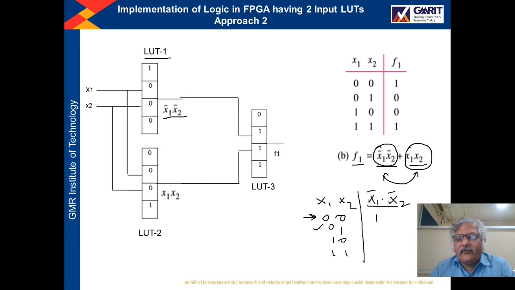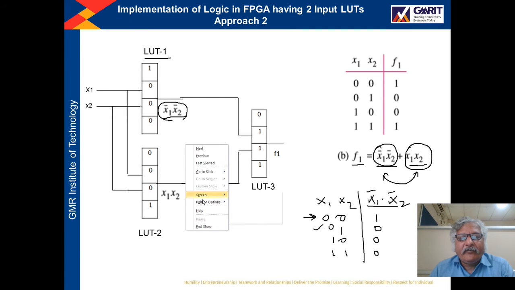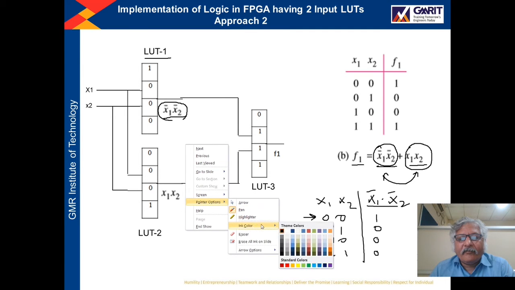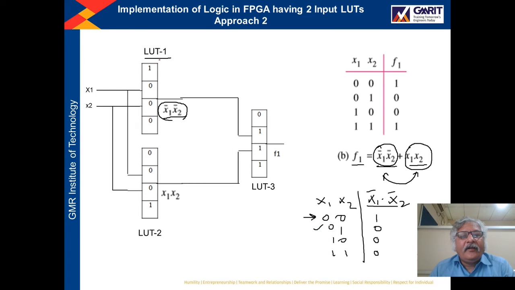If X1 is 0 and X2 is 1, then X1 bar · X2 bar is 0. For the next condition also 0, and for the next condition also 0. So to implement this X1 bar · X2 bar, this LUT is used, and this expression is to be loaded in LUT 1: 1, 0, 0, 0.